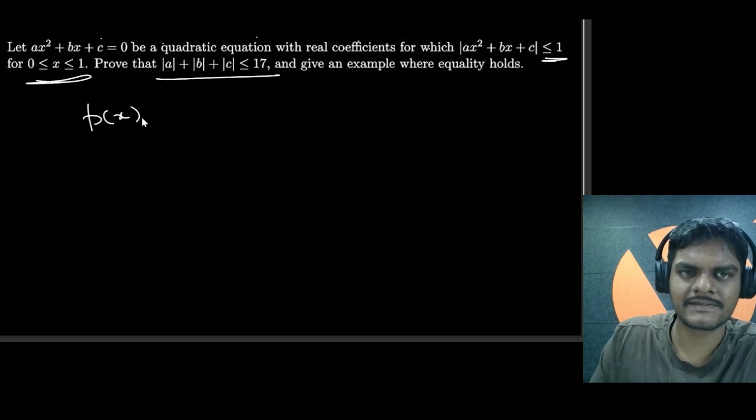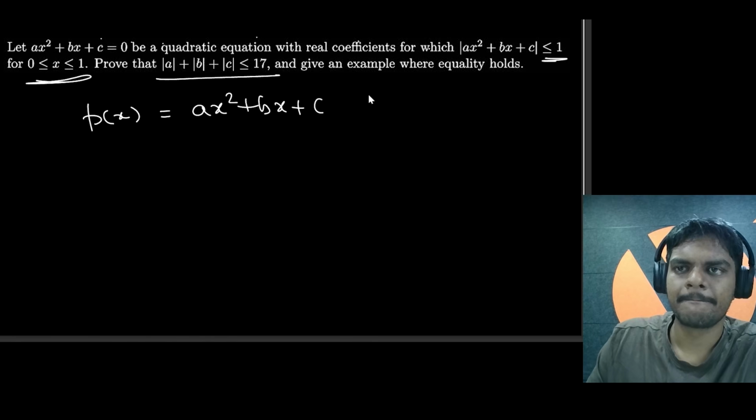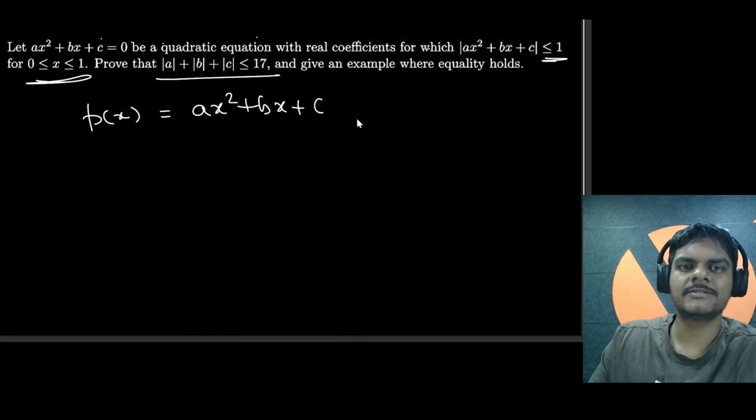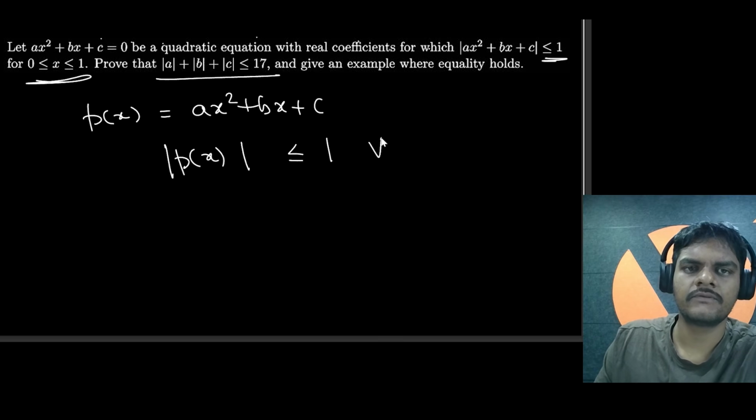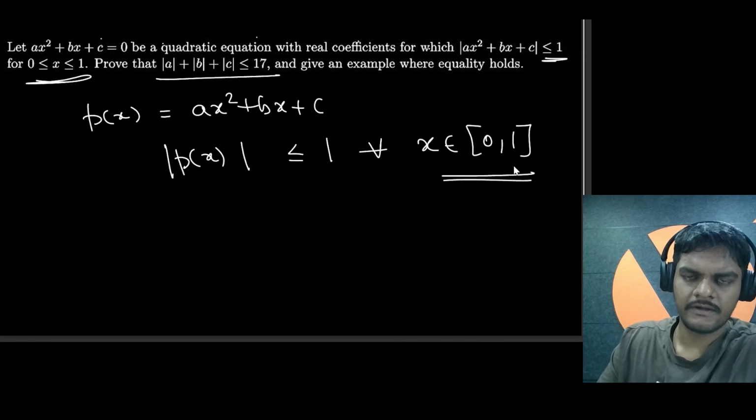If I have P of x is equal to ax square plus bx plus c, right? Then mod P of x is less than or equal to 1 for all x belonging to this interval, both 0 and 1 included.